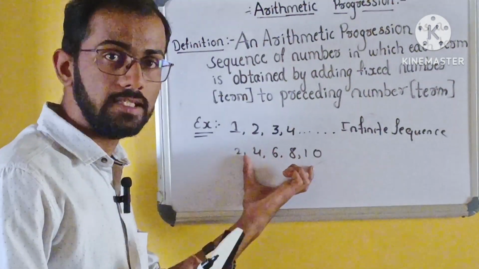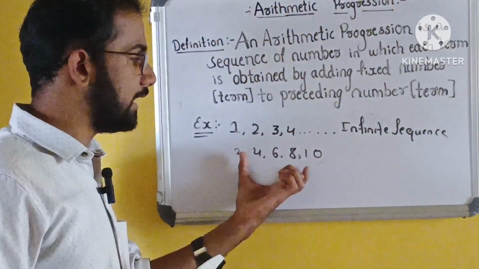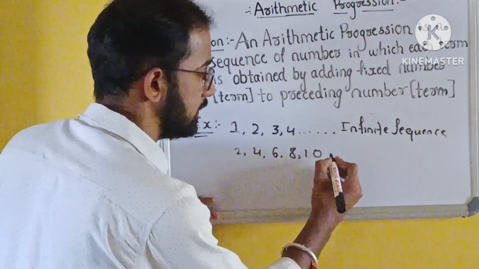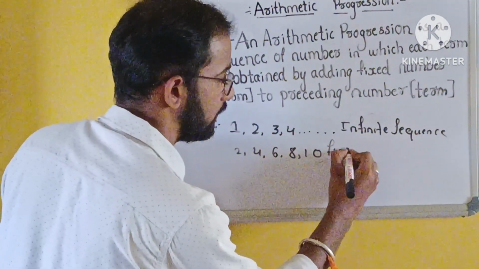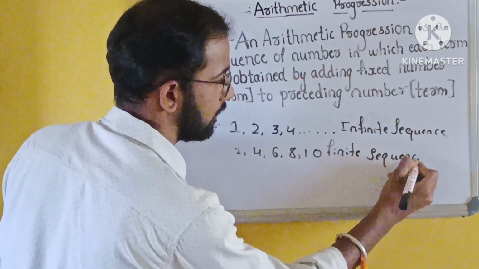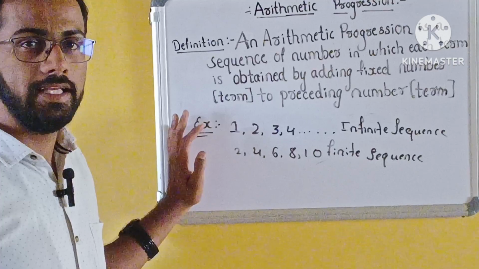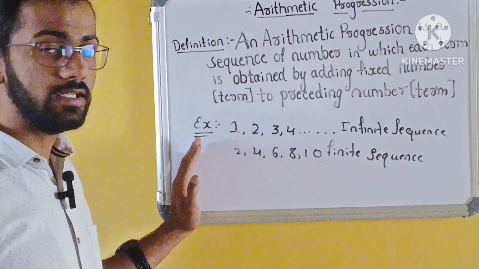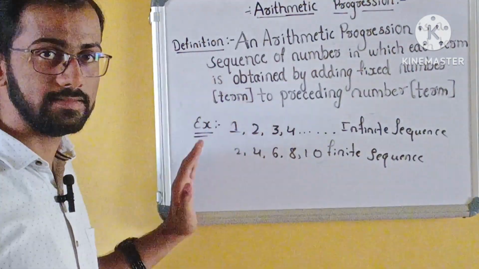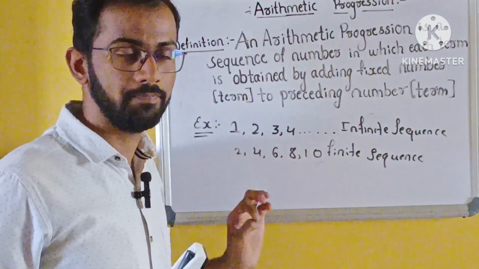If in a sequence a countable number of terms are present, then that sequence is known as a finite sequence or finite series. Hope this is clear for everyone. If any doubt in this particular definition and examples, let me know through the comment section.